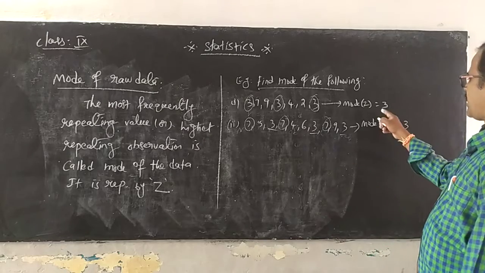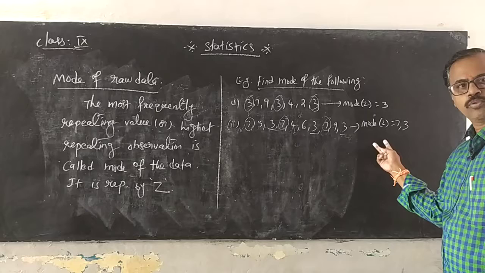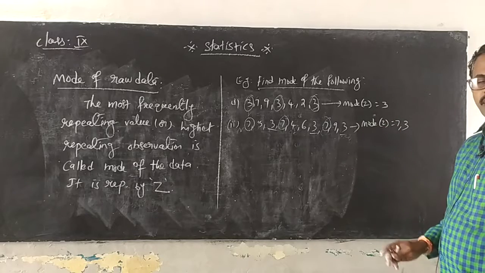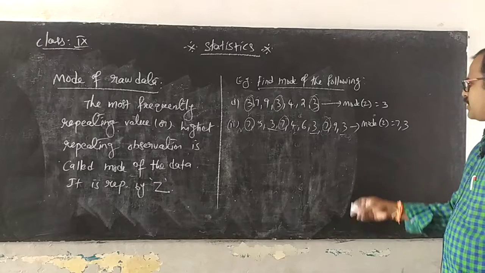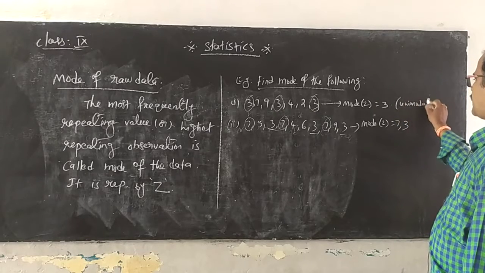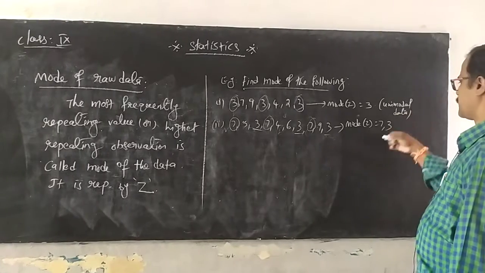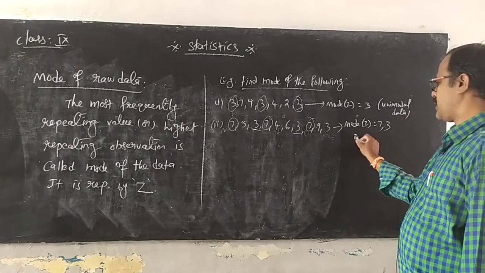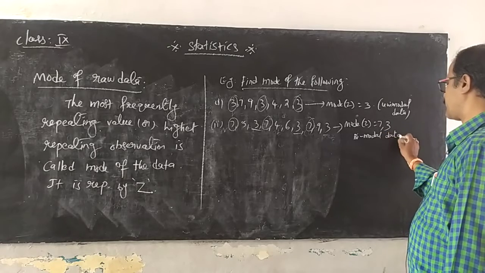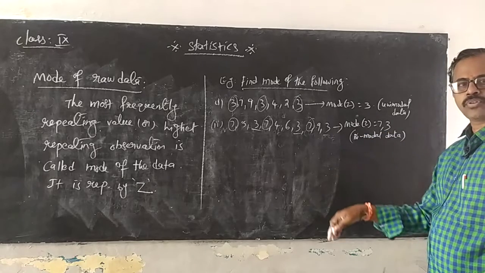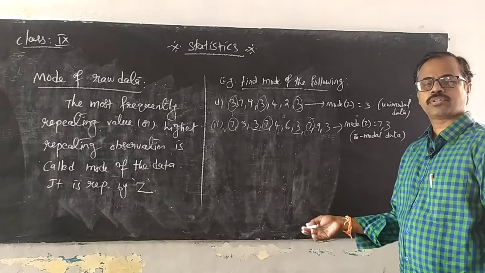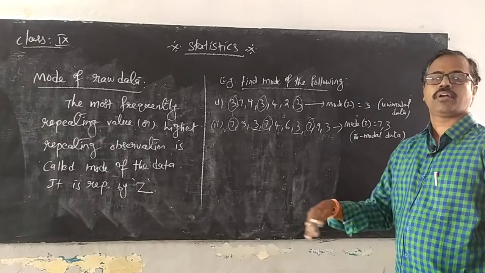So that means you may have one mode or two modes or three modes or any number of modes for given data. The highest repeating must be there. So this one is called unimodal data, and this is called bimodal data. If you have 3 modes, trimodal data. If you have 4 modes, you call it multimodal data.